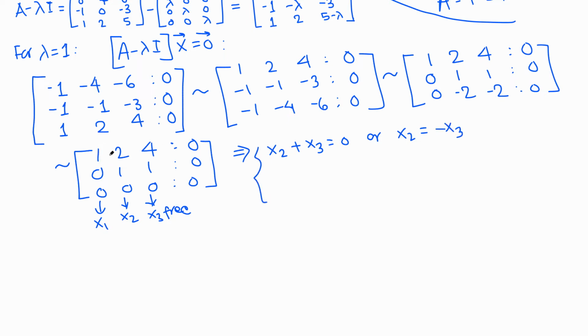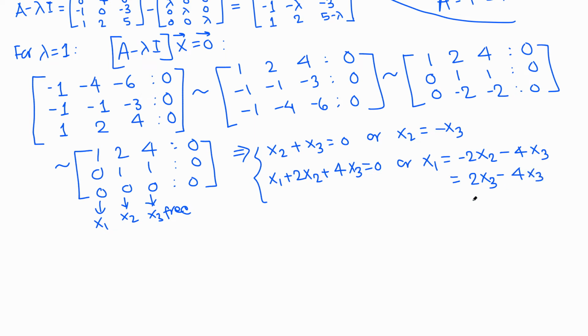From the first row we get x1 plus 2x2 plus 4x3 equals 0, so x1 equals negative 2x2 minus 4x3, and x2 is negative x3, so negative 2 times negative x3 is positive 2x3. So 2x3 minus 4x3 is just negative 2x3.